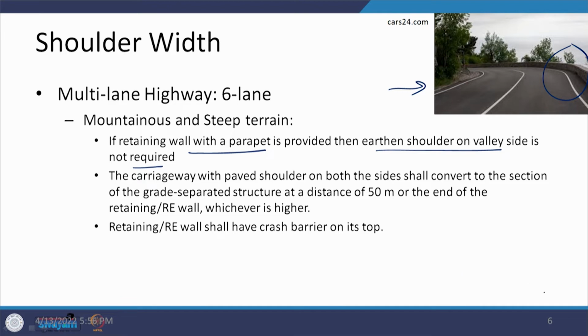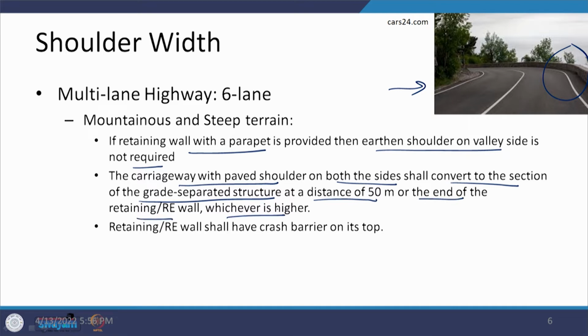The paved shoulder is taken up to the parapet wall, and that is the end of the shoulder. Another thing is that the carriageway with the paved shoulder on both the sides shall converge to the section of the grade separated structure at a distance of 50 meters, or at the end of the retaining wall or RE wall, whichever is higher.